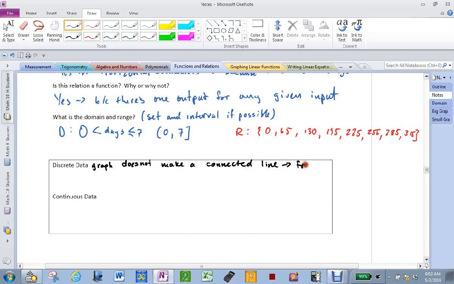Then I have to think fractional inputs or outputs cannot occur. If you don't get fractions, you don't have continuous data. Understand?